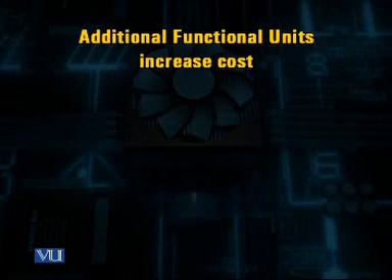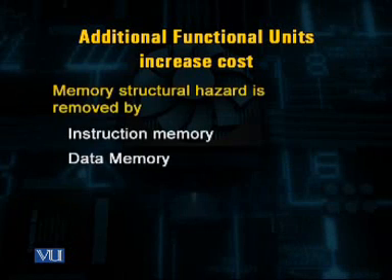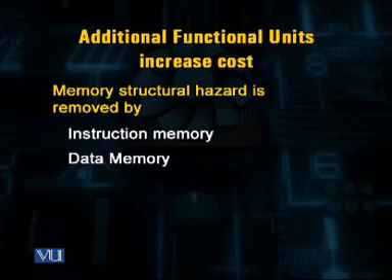The second approach for removing the structural hazard is the addition of more than one functional unit. For example, we can eliminate this memory structural hazard by including two memory units, one for the instructions and the other for the data, accordingly known as the instruction memory and data memory.